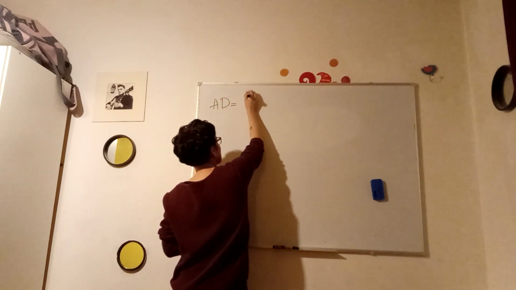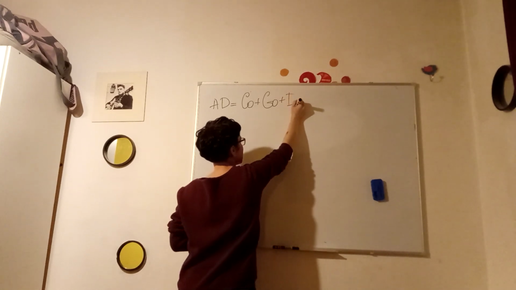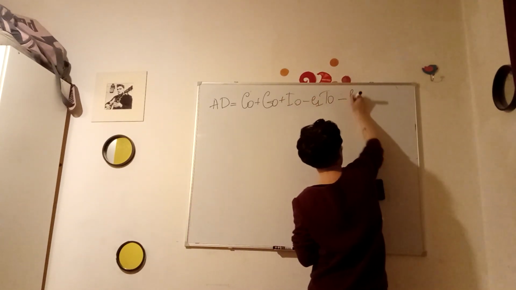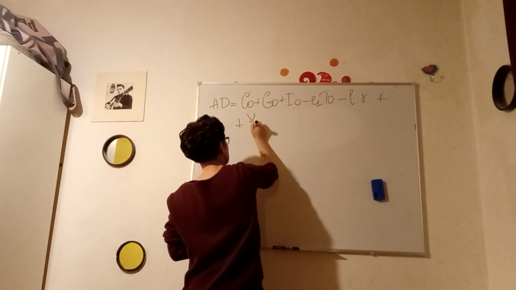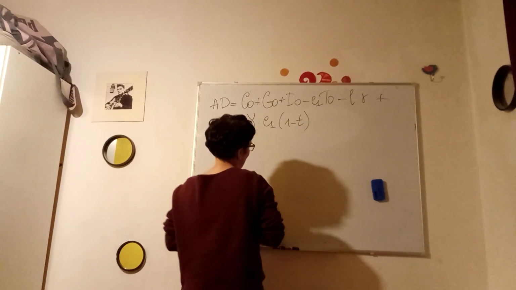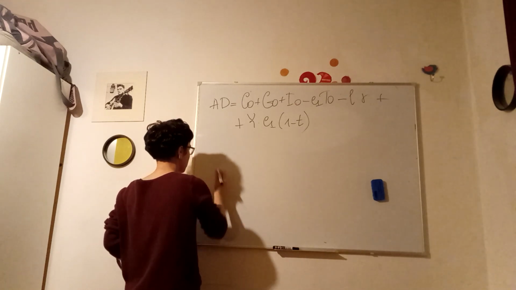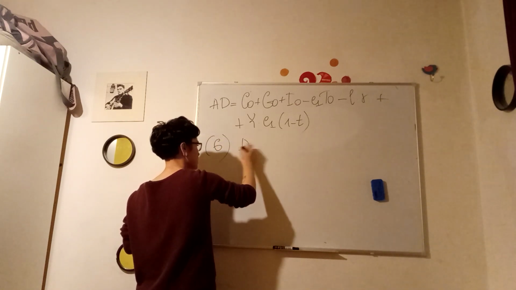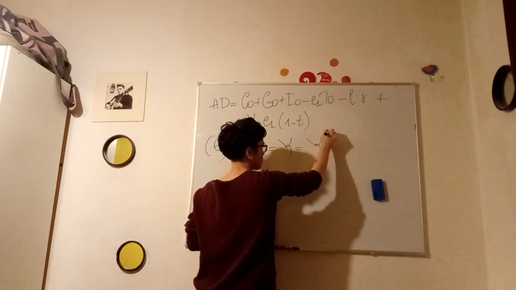So aggregate demand is equal to C0 plus G0 plus I0 minus C1 times T0 minus L times R plus Y times C1 times (1 minus T). As you remember, there is an equilibrium condition, so we have to add the sixth equation, which states that in equilibrium, aggregate demand is equal to aggregate output.